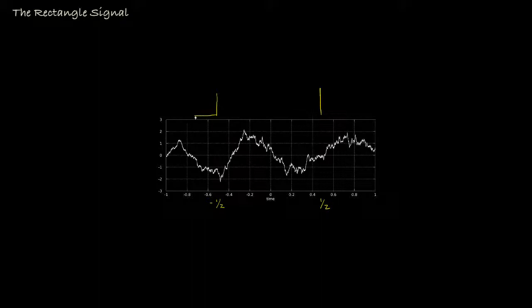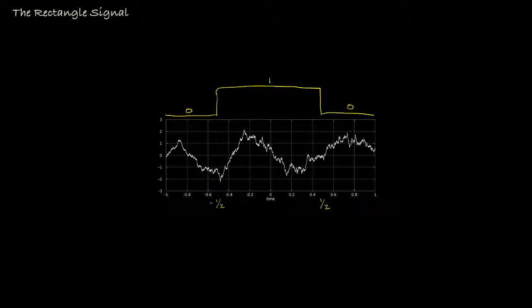So everything outside of that region we don't care about, and everything inside that region we do. So one way to get rid of this stuff would be to multiply it by 0, likewise outside of that region, and in the interval that we're interested in, we can multiply it by 1. Well, that would be the same as multiplying by a rectangle function that turns on at -1/2 and then turns off again at 1/2, which is the standard definition for the rectangle function.